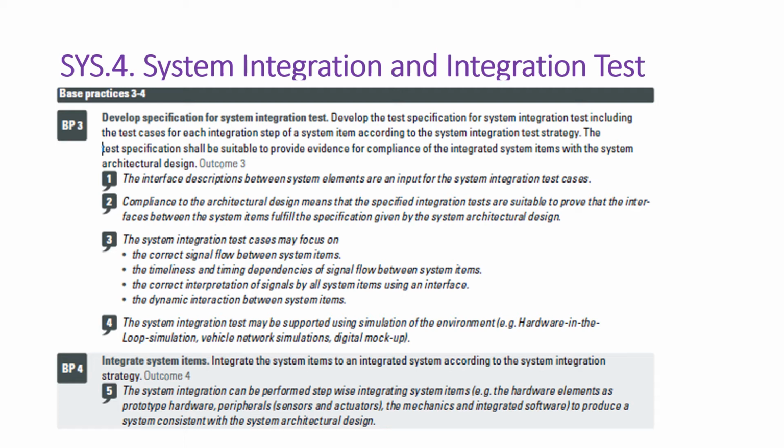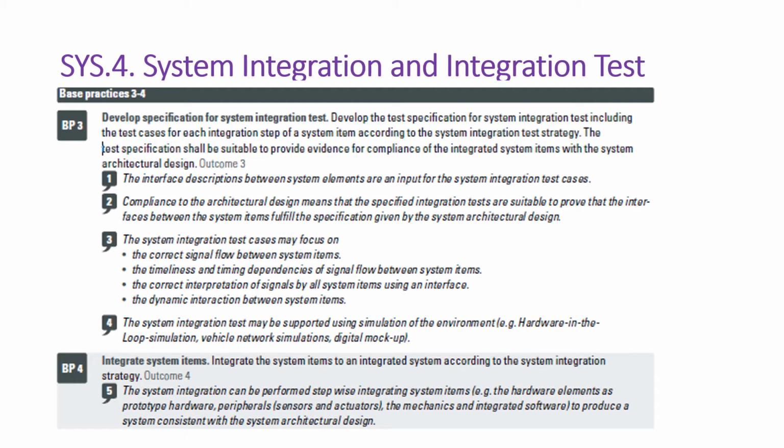The test specification shall be suitable to provide evidence for compliance of the integrated system elements with the system architecture design. See, here it comes, the system architecture design. So based on the test strategy, we have to define the test specification.